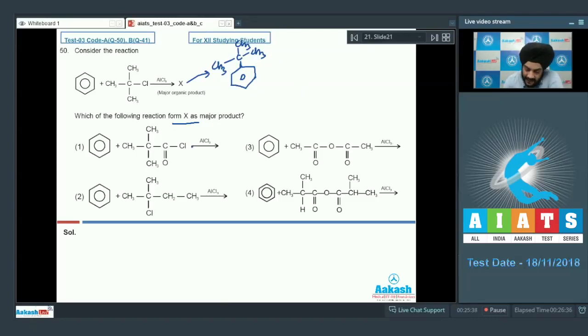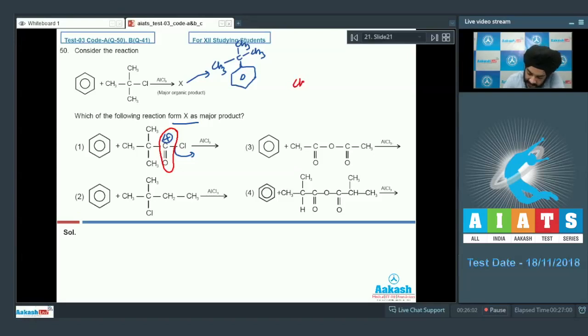So let us look at the first option now. So this AlCl3 will extract this chlorine. So the chlorine will leave, which will lead to the formation of an acyl carbocation. Now when this acyl carbocation is formed, we can see that there can be evolution of CO as well, as the tertiary butyl carbocation left behind is very, very stable.